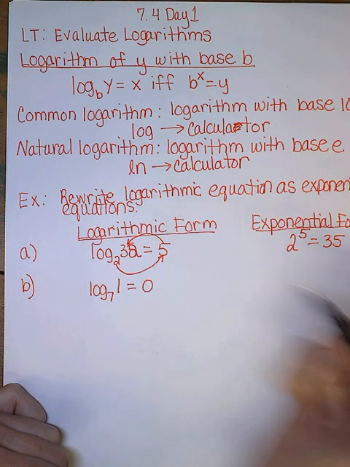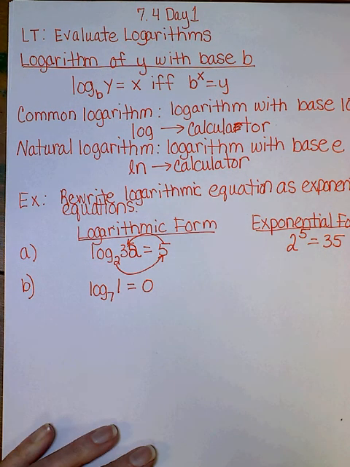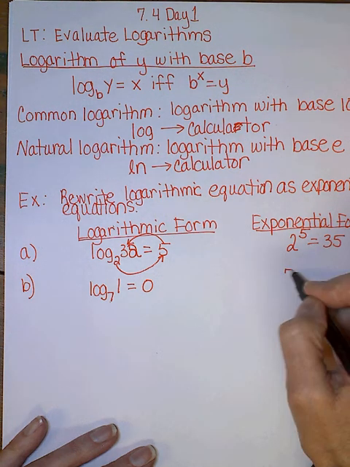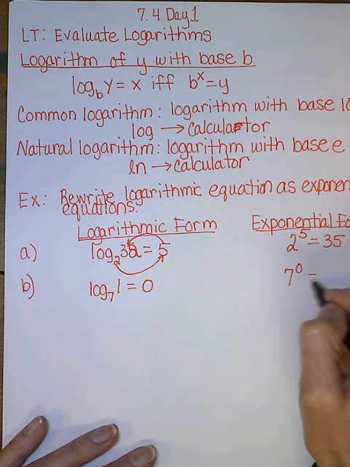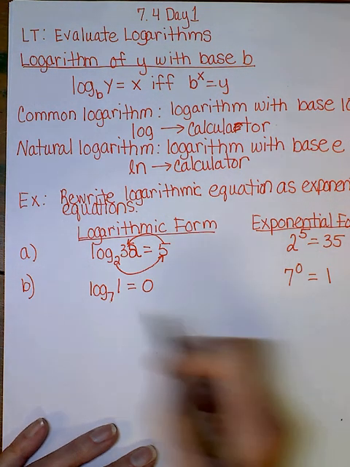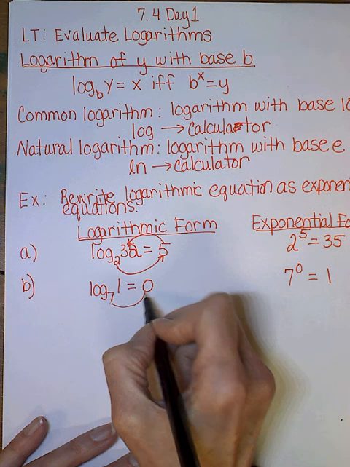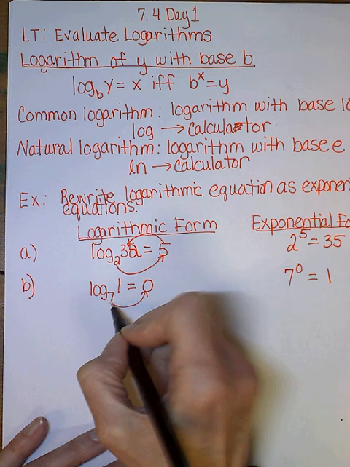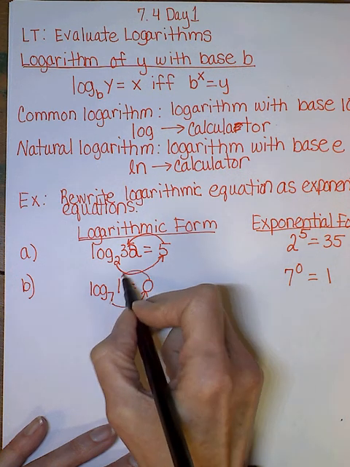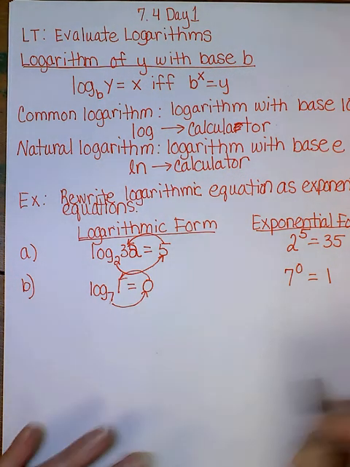Okay, so what this is saying is 7 to the 0 power equals 1. Okay, 7 to the 0 power, base is 7, 0 is the exponent, this is what it equals.